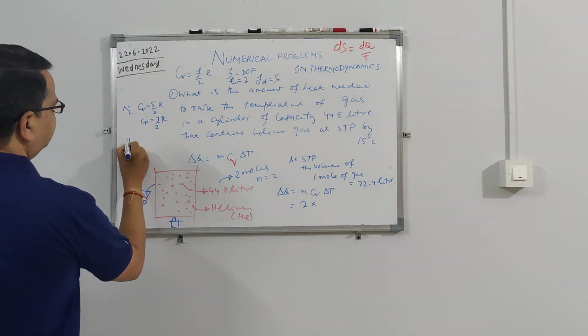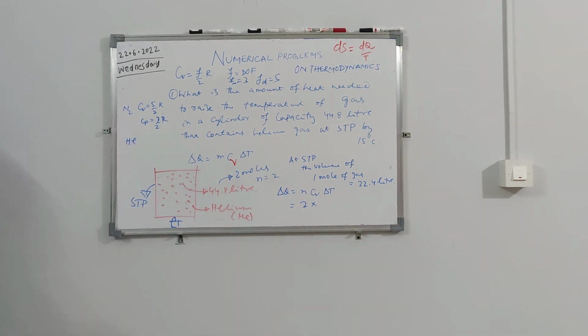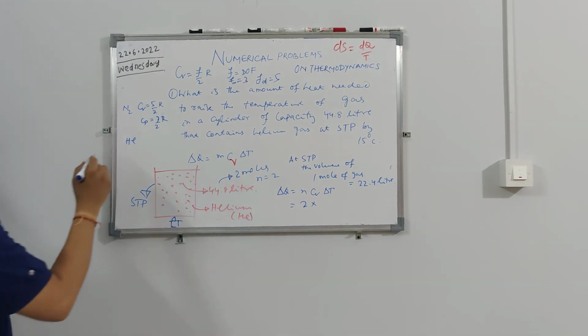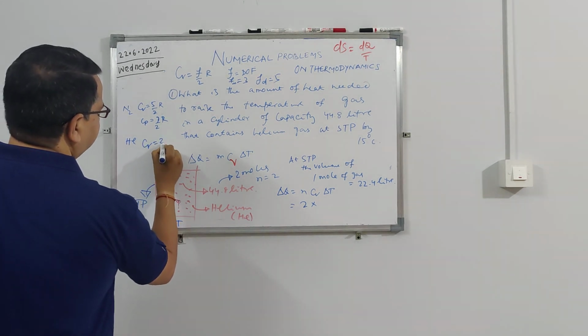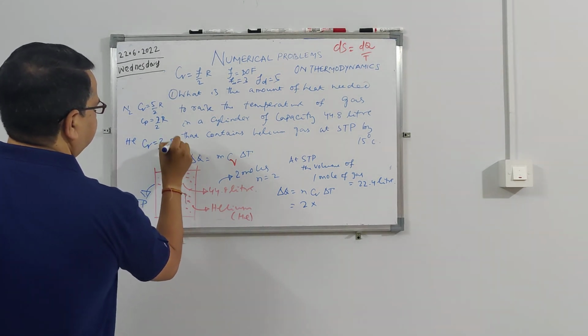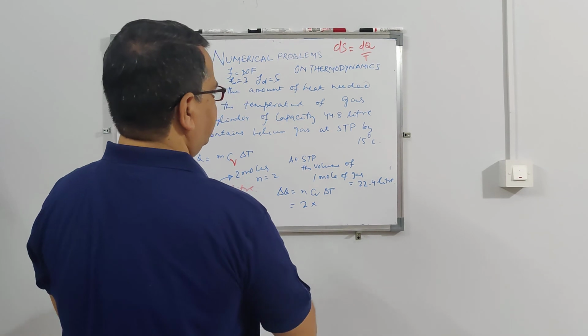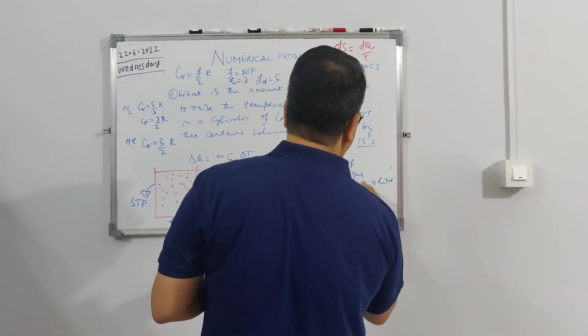That's why it is 5 by 2 and 7 by 2. But helium is a monoatomic gas, an inert gas. It does not create any bond, it has 8 electrons already in the outer shell. So it's a monoatomic gas. For this, Cv is equal to 3 by 2 R, not 5 by 2 R. Now you know Cv, and you want to raise the temperature by 15 degrees, so delta T will be 15 only.